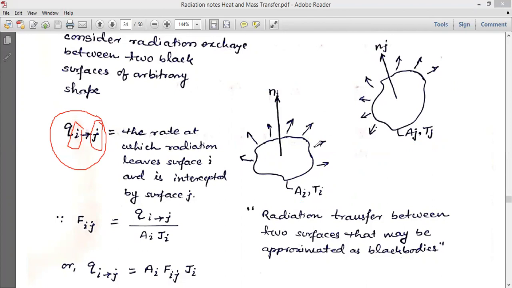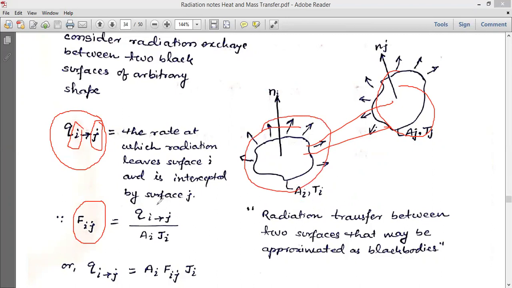For these two orientations, there is a concept called the shape factor that comes into the picture. The shape factor Fij is defined as the ratio of the radiation that is intercepted by j to the total radiation that is coming out of surface i.